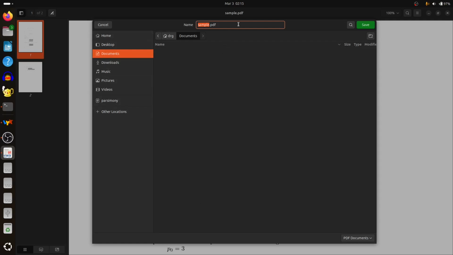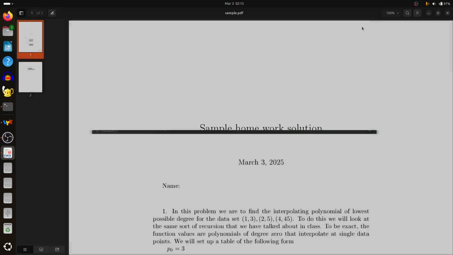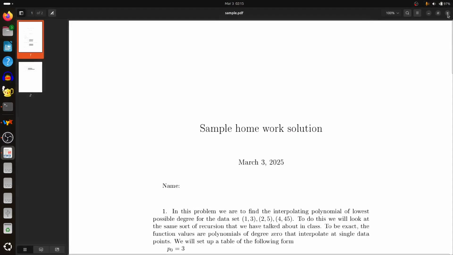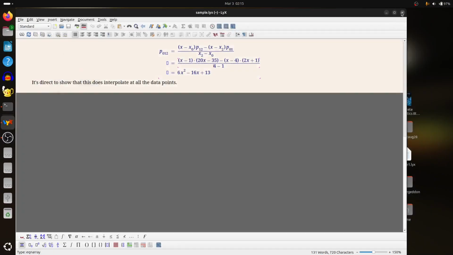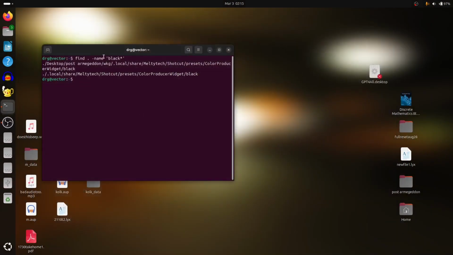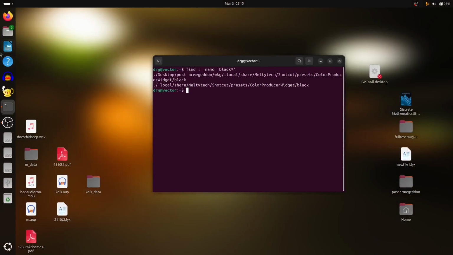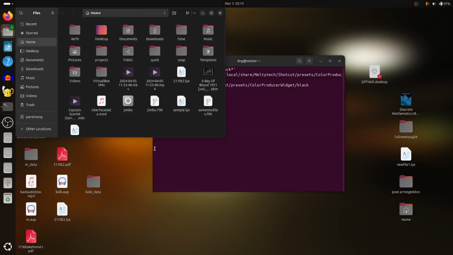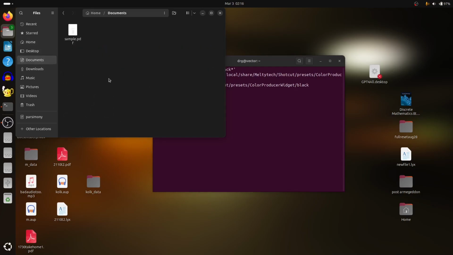It's going to be called sample.pdf. So then I'll get rid of all this stuff. With any luck, everything will have gone right. Let's see, documents. There is sample.pdf.